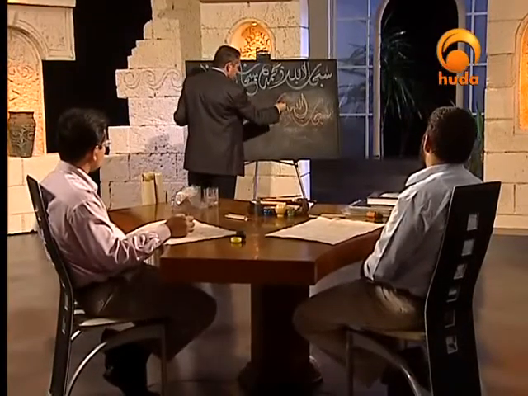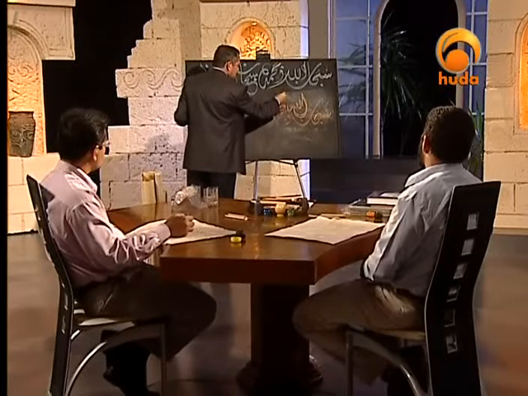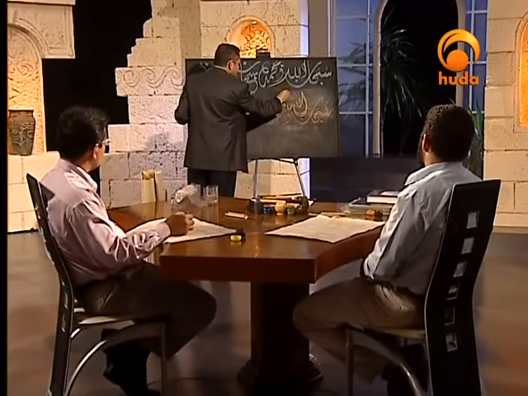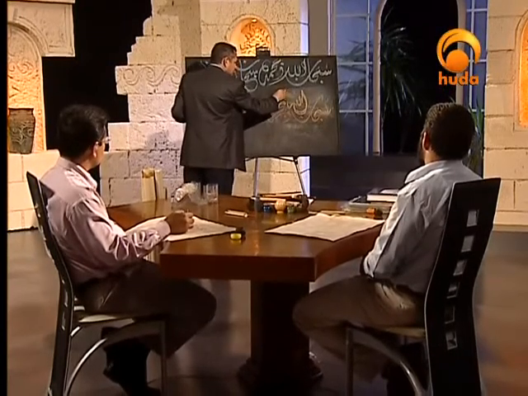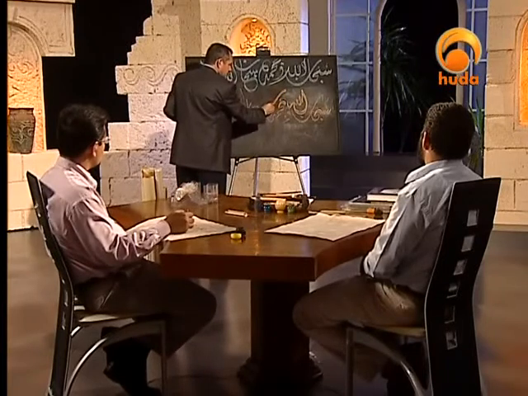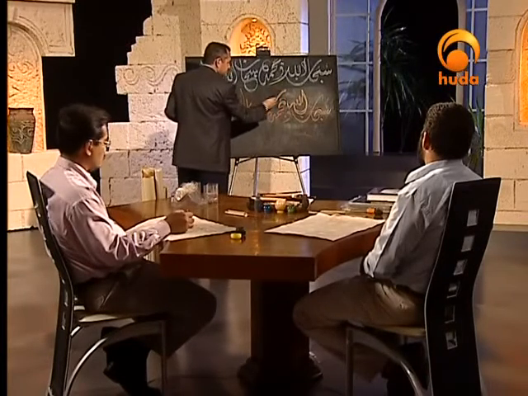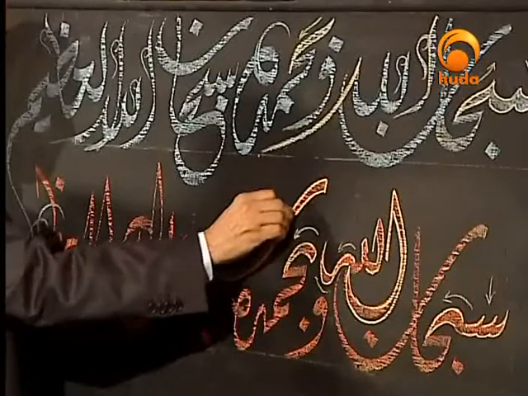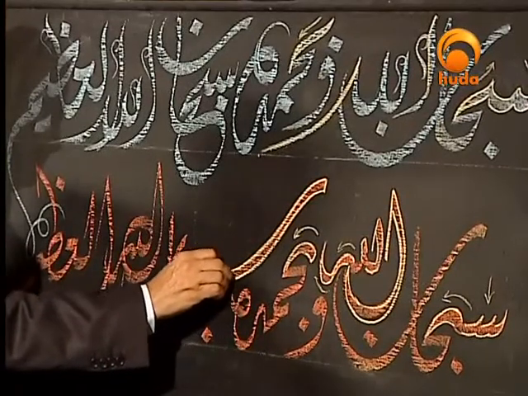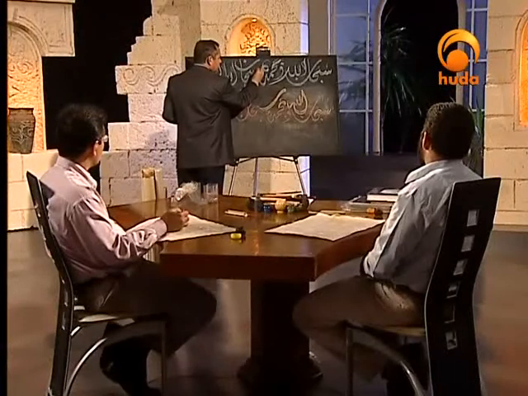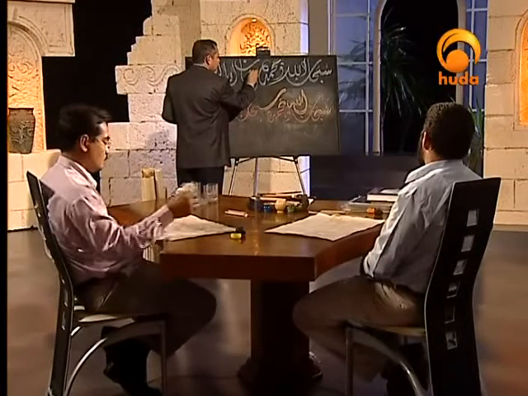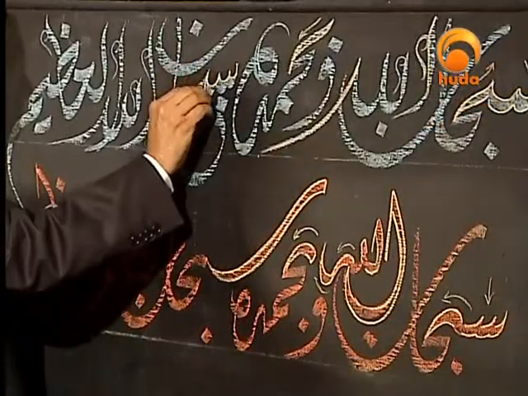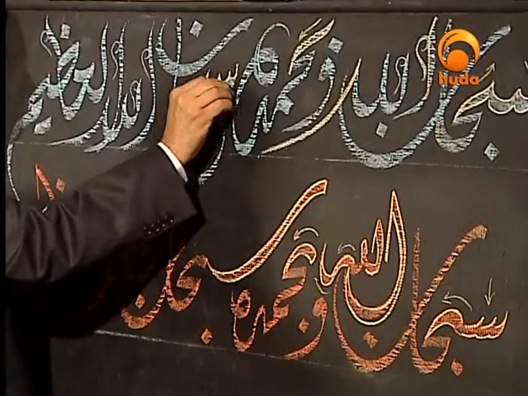Sin of Subhan comes here also thick and thin, and stop. Here again come three curves for the letter Sin.